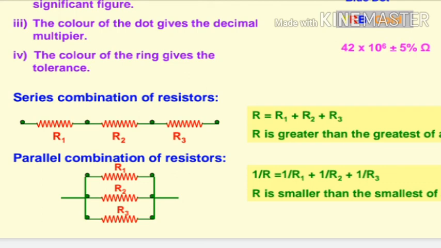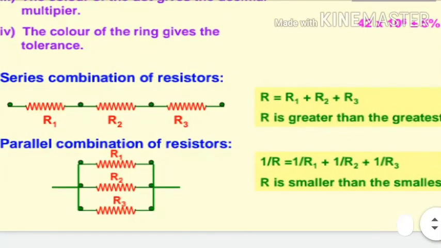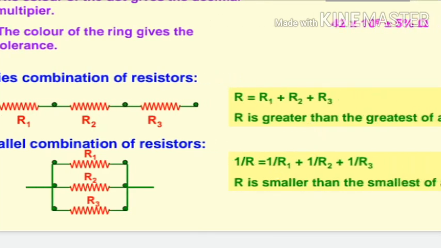And if the resistances are connected in parallel, then the reciprocal of the equivalent resistance will be equal to the sum of the reciprocals of the individual resistances. So these are the phenomena of the combination of resistance.